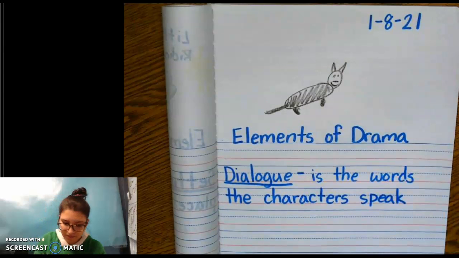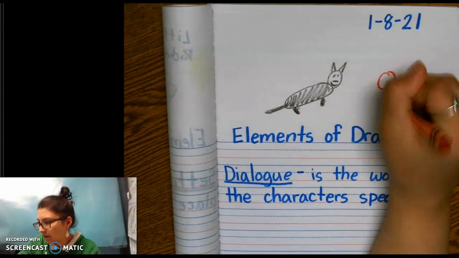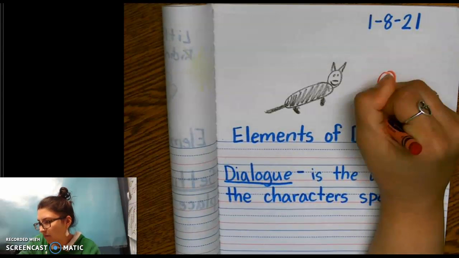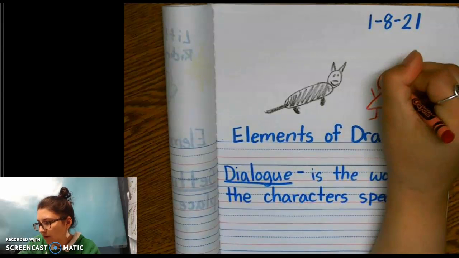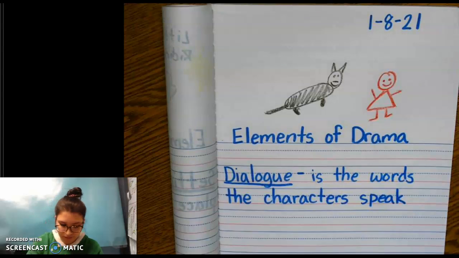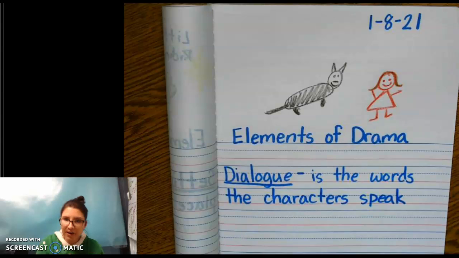All right. And draw a Little Red Riding Hood, but this time I'm just going to draw like a stick figure. Well, kind of a stick figure. Just going to draw it in red. All right, so I have my two characters.